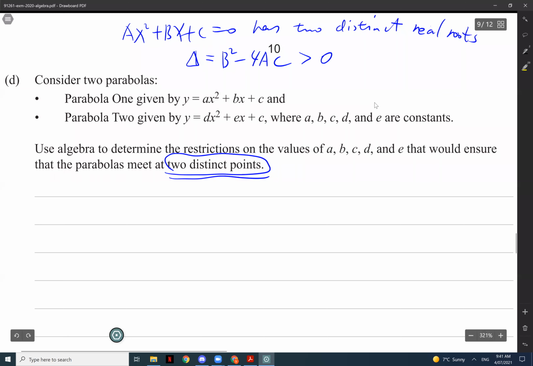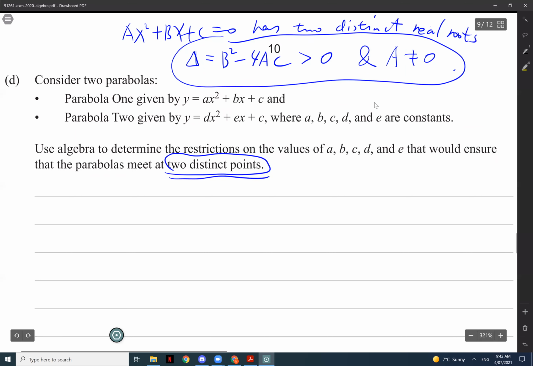Bigger than 0. Yeah. That's the condition normally for quadratics. And for a little bit higher level, a not 0. If a equals 0, you get a linear equation. Of course, you cannot have two roots. But normally in standard level, they don't test you this. In higher level, they test you.